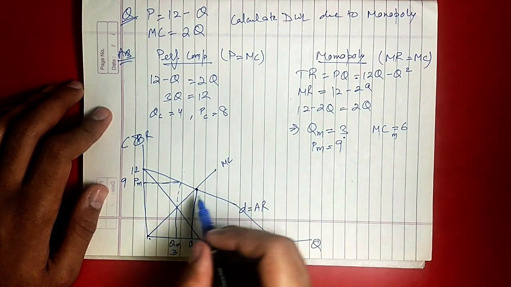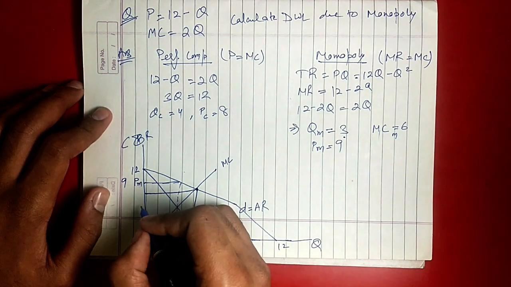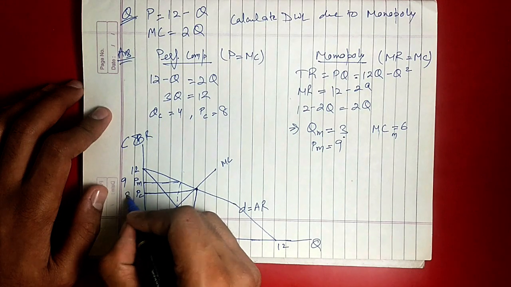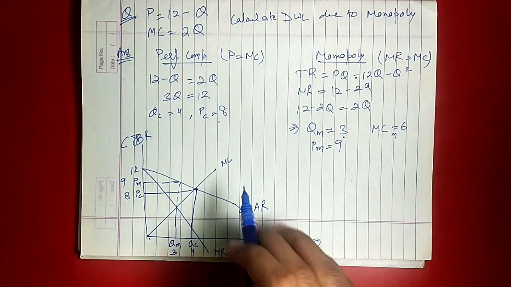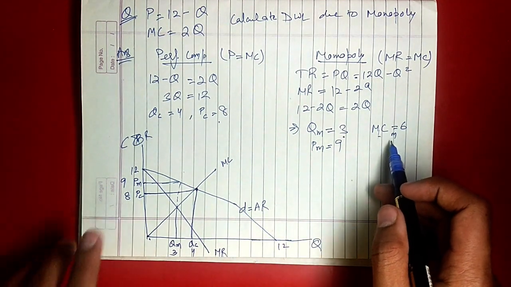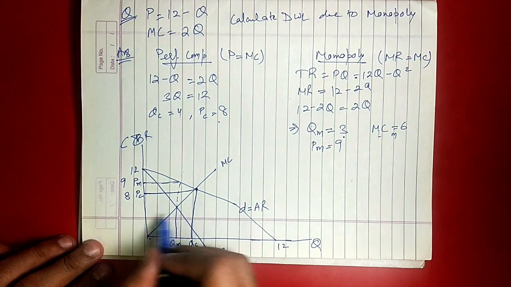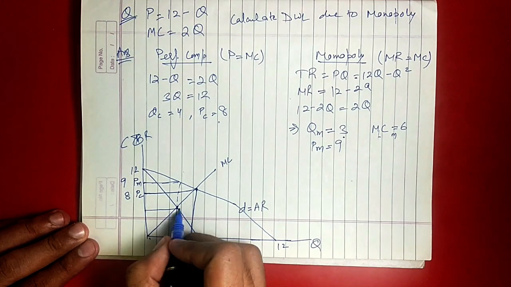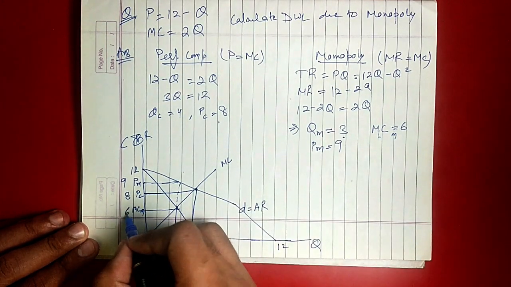In the competitive market, you will see PC here, which is 8. We also calculated marginal cost at monopoly output level. I'll tell you why we calculated this. First we just mark it. This is the marginal cost at monopoly output level, MCM, which we calculated to be 6.